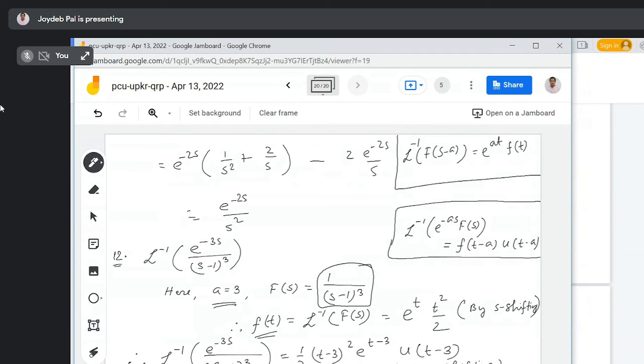Then what is f of t minus 3? t की जगह पे t minus 3 पुट कर दो. u(t minus 3) का तो और कुछ दूसरा एक्सप्रेशन नहीं है ना. u(t minus 3) u(t minus 3) रहेगा. But there are some specific function f(t). So from that you can write f(t minus 3). Fine. So here I am applying s shifting and t shifting simultaneously.